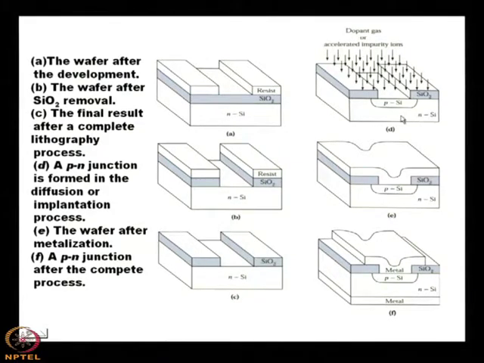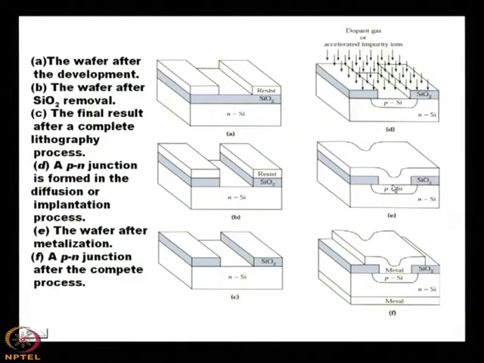So, this is the formation of the p-n junction, and then there is metallization, because without metal contact the current will not be able to pass through the junction. On the top and on the bottom there will be metallizations, basically aluminum in nature.